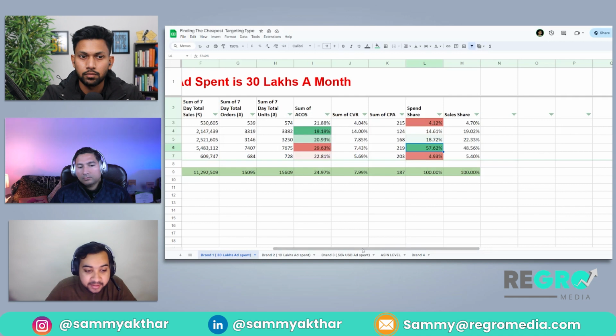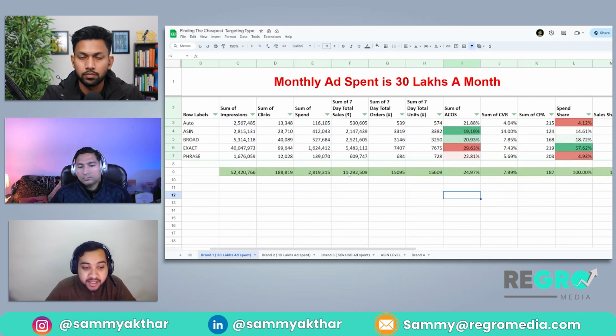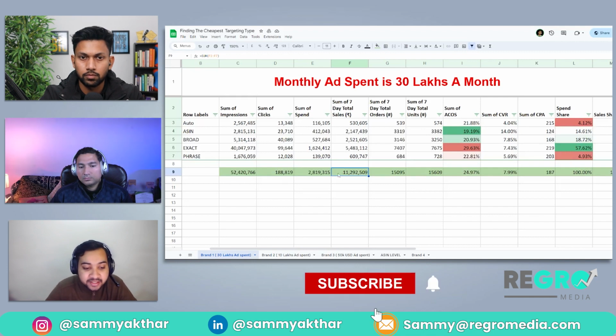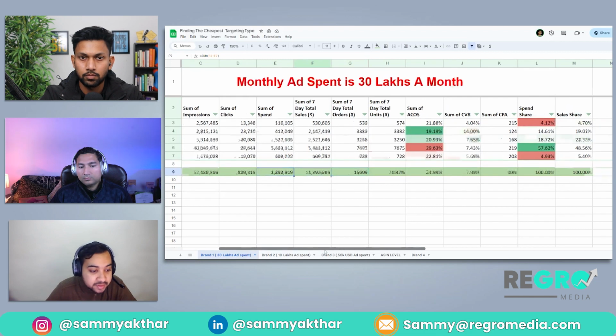The thing is, the average ACOS of this brand is around 25%. It's not bad, but considering the sales volume of this brand, and it's just the PPC sales, just the ad sales, we're not talking about organic sales right now. We're just analyzing the match types.